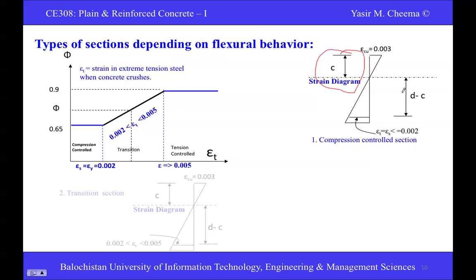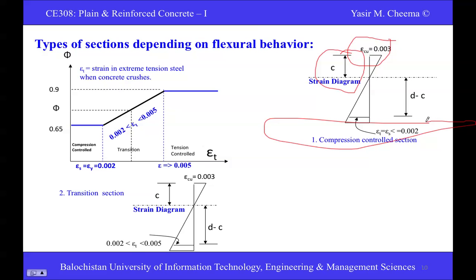This is compression control criteria, and for this, the concrete strain is 0.003, and the epsilon t here is less than 0.002. Clear? And the next one is tension control criteria, where the concrete strain remains the same, but epsilon t is in the range of 0.002 to 0.005.